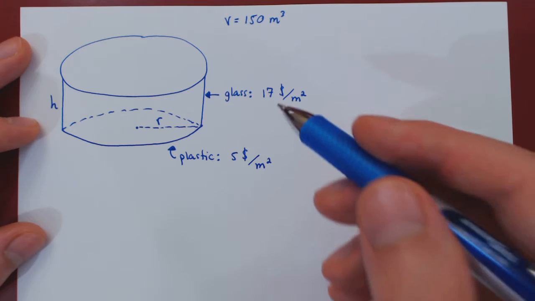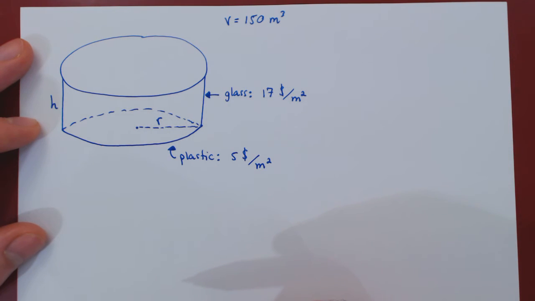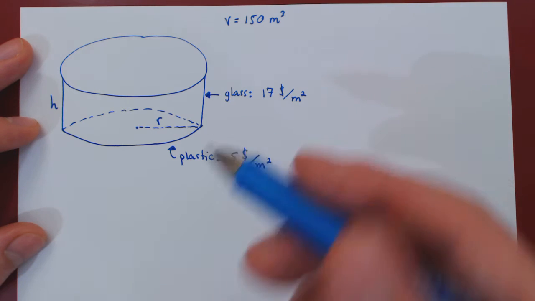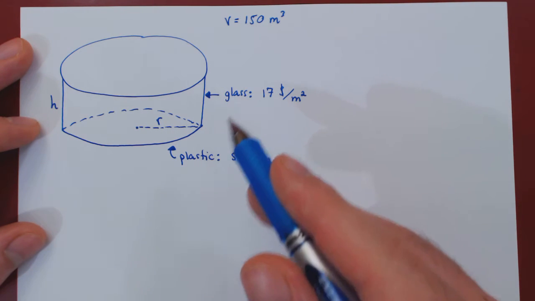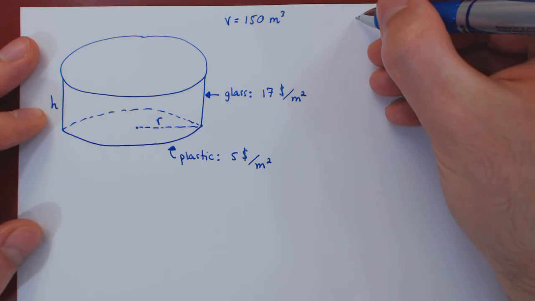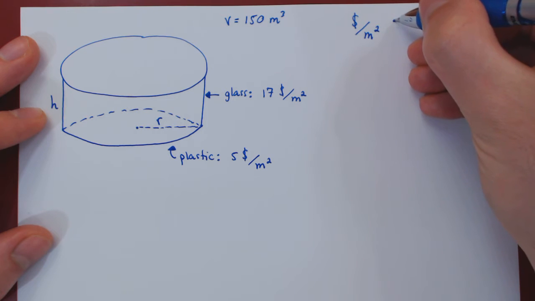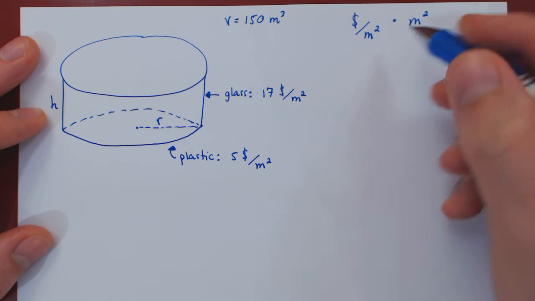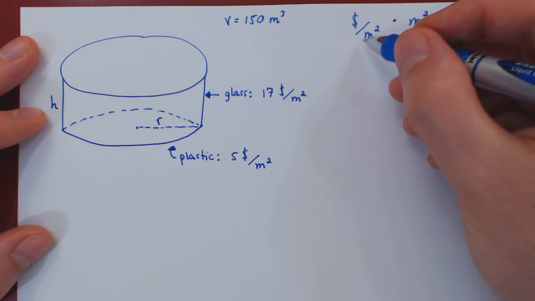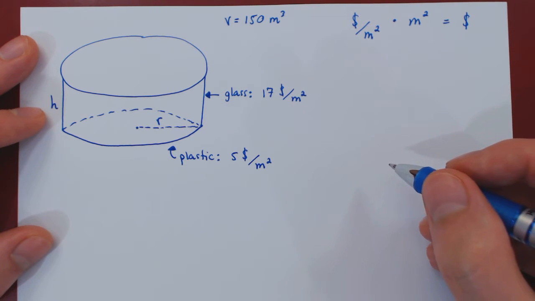So how do you then go from a cost per meter squared to an absolute cost? Well, that of course is how much of any given material you're using. So if you do cost per meter squared times meter squared, the meter squared will cancel, and you're left of course with an absolute cost.